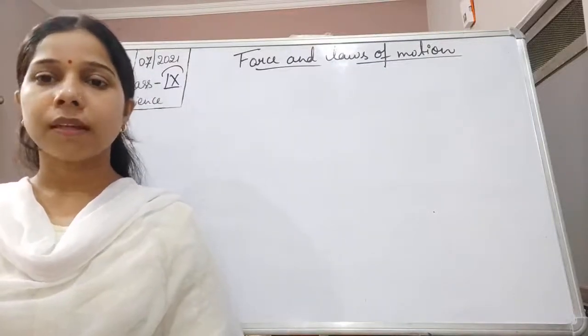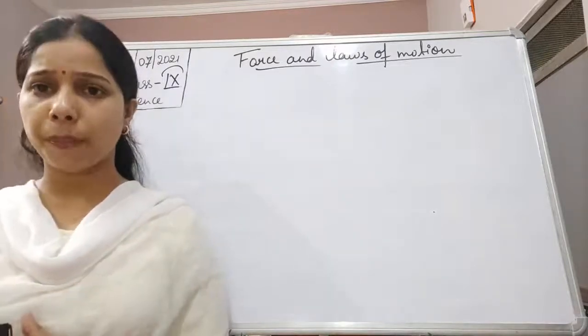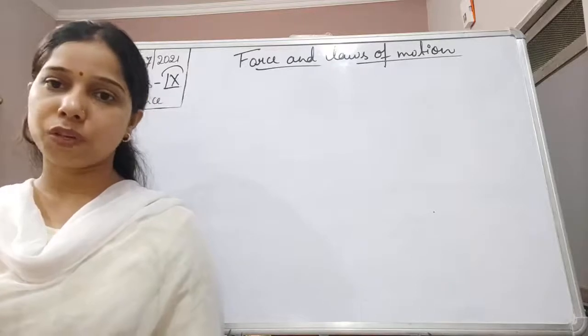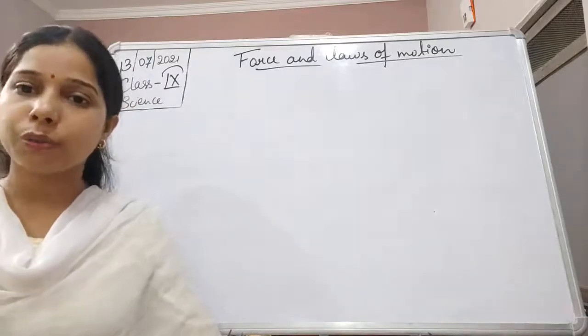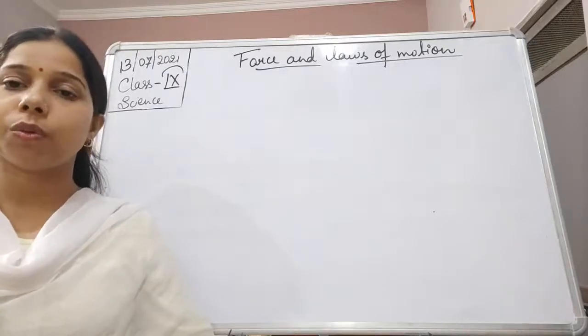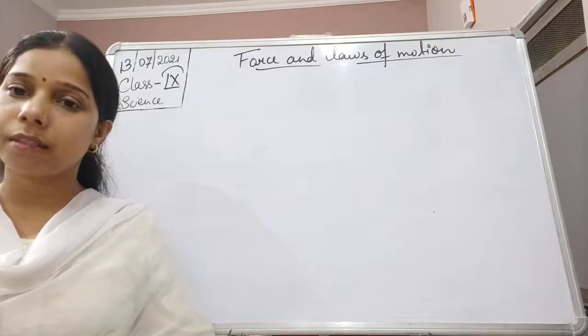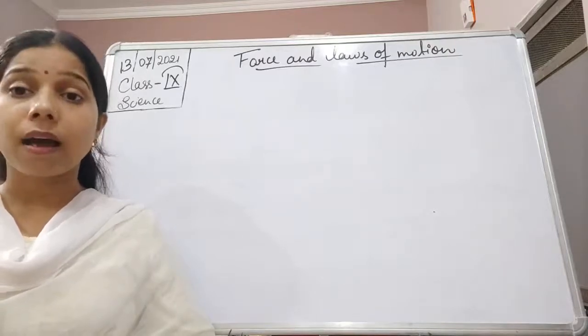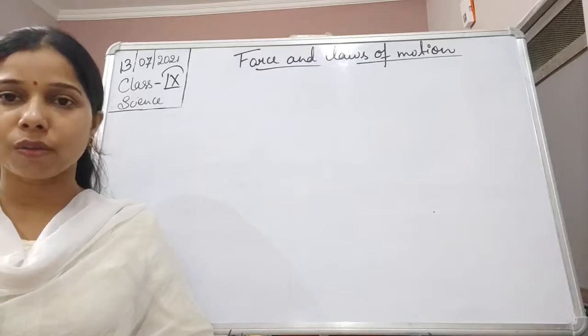So students, in the previous class, in this chapter, we were talking about the last topic, and that is the law of conservation of momentum. Till now, we have studied all of Newton's laws of motion, including Newton's first law, second law and third law, as well as applications related to all three laws of motion, students.